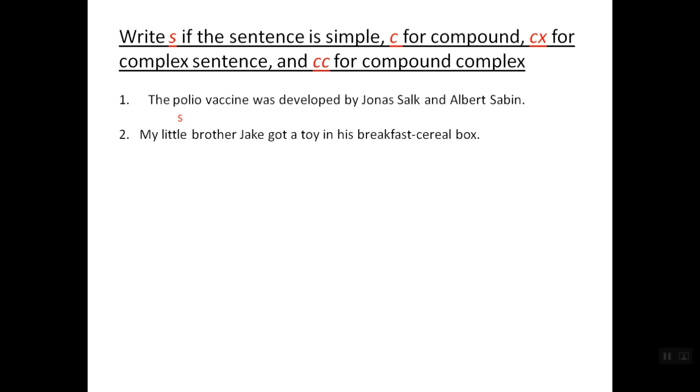Jake is the main subject, and my little brother gives further information about Jake, but they are still one subject. Okay, what about the verb got? That's it. One subject and one verb. So it is a simple sentence.